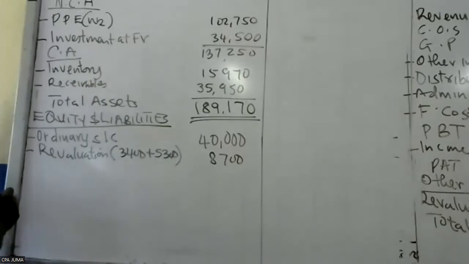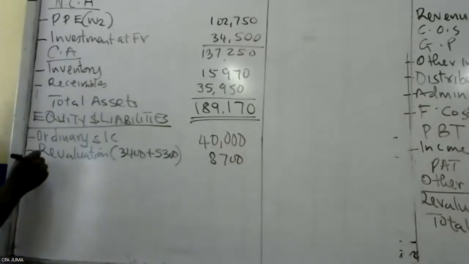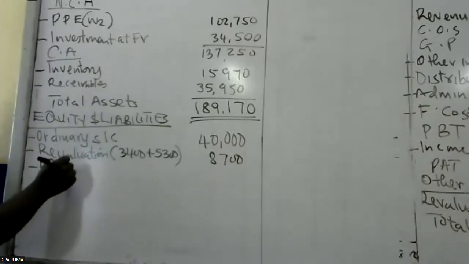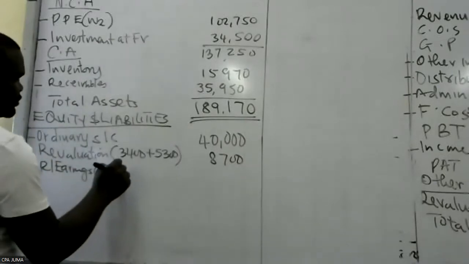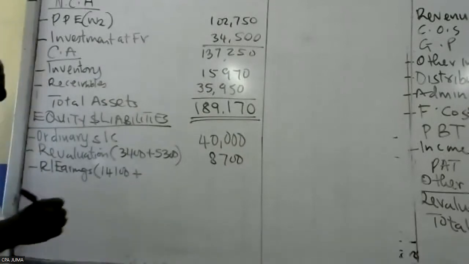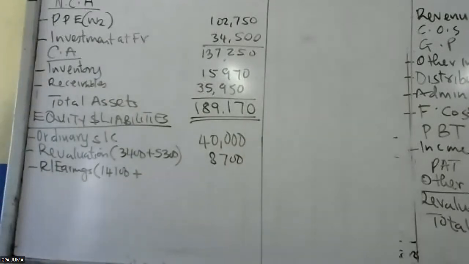Then retained earnings. So retained earnings, apart from the issue. Retained earnings, how much are you seeing in the trial balance? 14,100 plus. Let's wait for each other there.